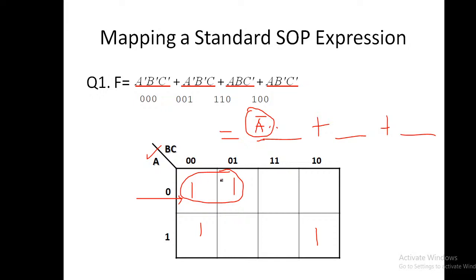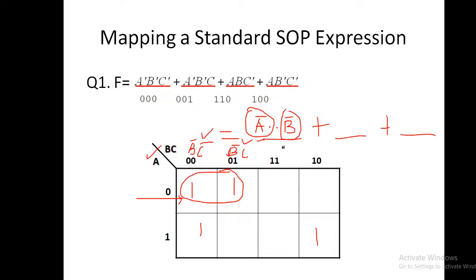Now vertically these two ones are placed in two different columns. What is this one? This is B bar C bar. What is this one? This is B bar C, right? So now for the two ones situated in two different columns, what is the common thing between this term and this term? B bar is common, right? B bar is common.